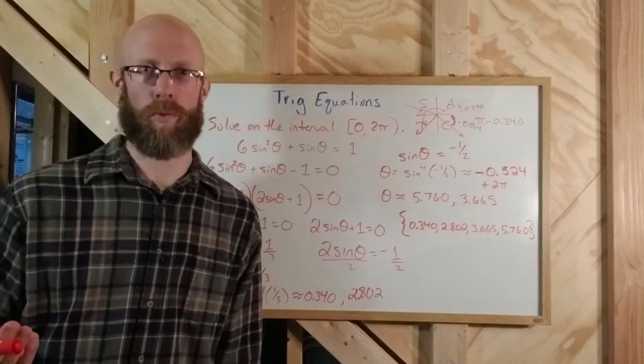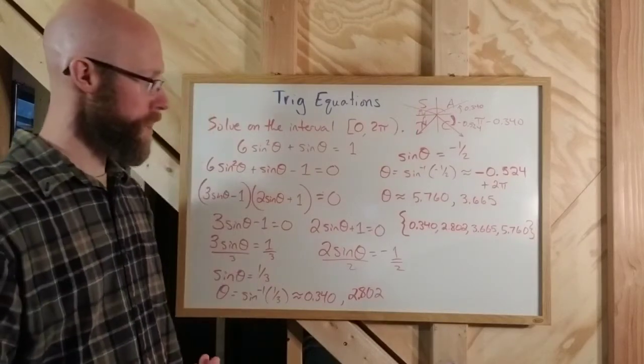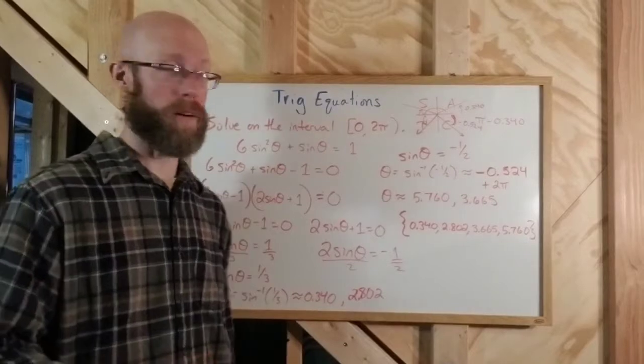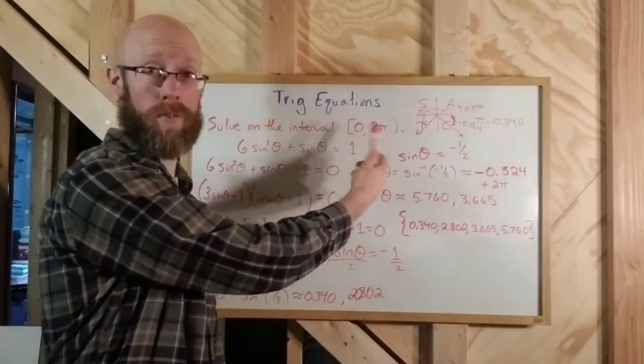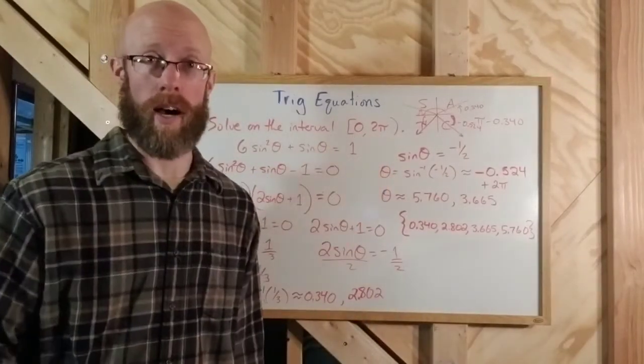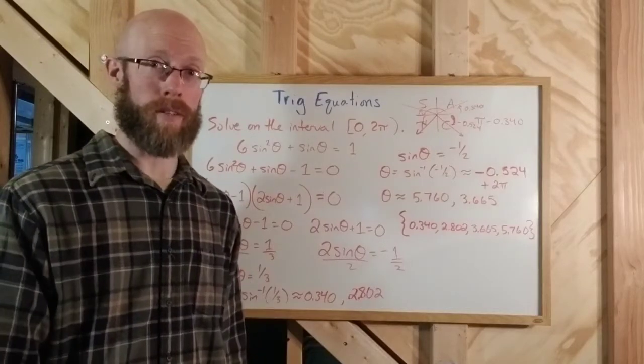Sometimes the angles just make more sense that way, and I'd be okay with that, unless it was asking specifically for this. If it was asking specifically for the 0 to 2 pi interval, then you got to do the radians.